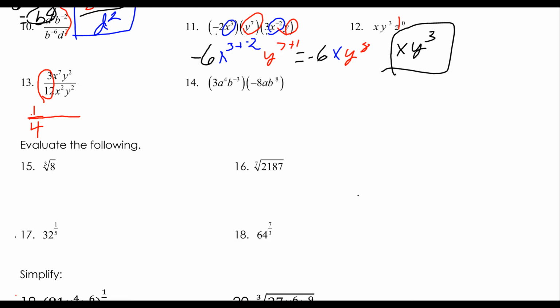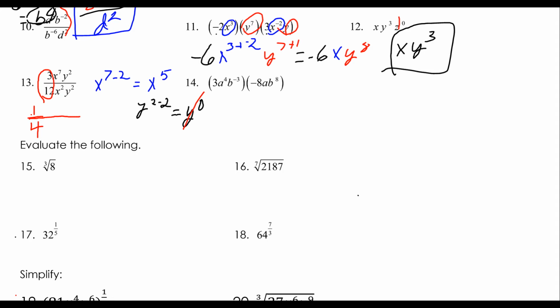So what I'm going to do now is go x to the 7 minus 2, which is going to give me x to the 5th, and then I'm going to do y to the 2nd minus 2, and that's going to give me y to the 0. Now, we already know that multiplying anything by 1 isn't going to do much for us, so we can just drop that.